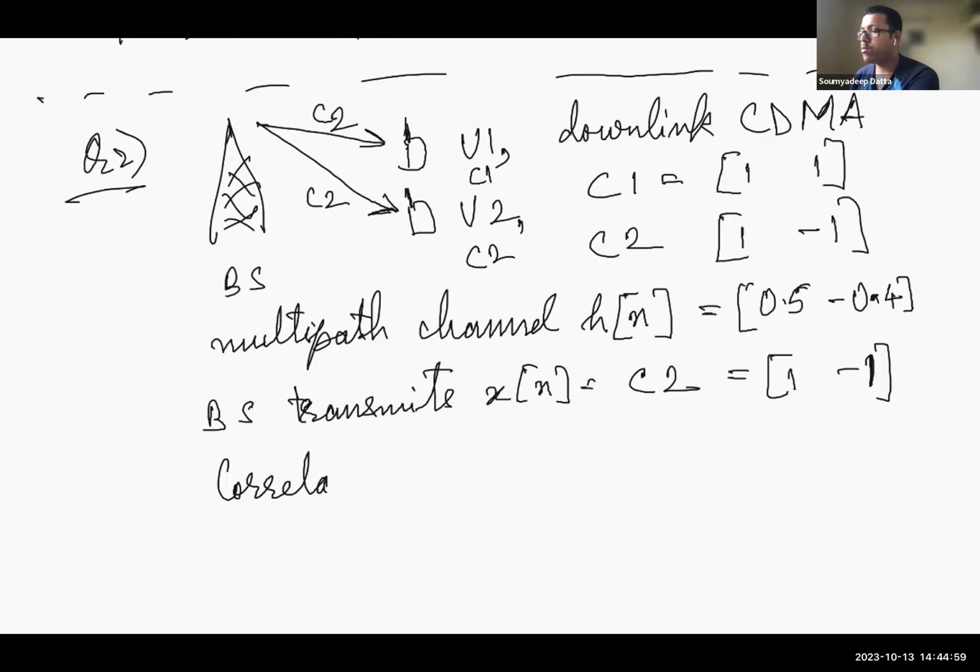So you will have n equal to 0, 1, 2, 3. Let us take n equal to 0. So what is y[0]? y[0] is the summation over k equal to 0 to 3 of x[k] h[0 minus k], because n is equal to 0.